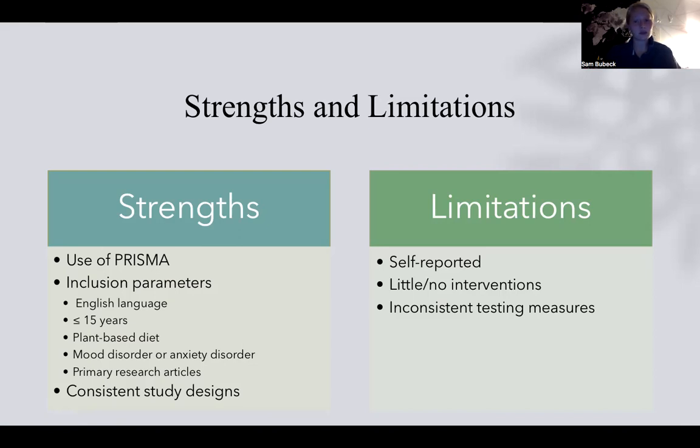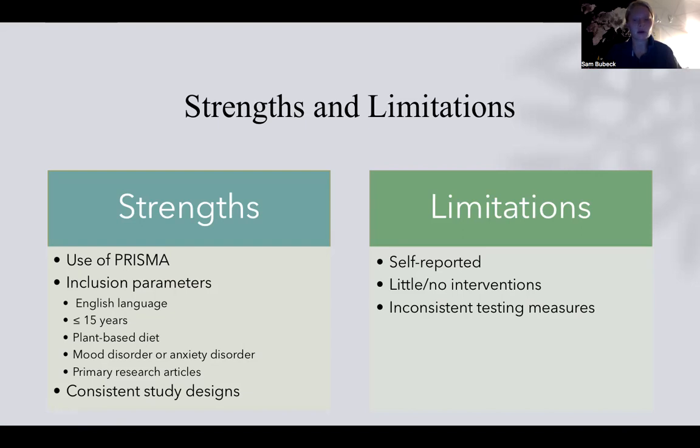My limitations of this research: much of this was self-reported, and that can very much skew results. In addition, there were little to no interventions. I actually can't think of a single research article that I included that actually had an intervention. Everything was through observation of turned in questionnaires.